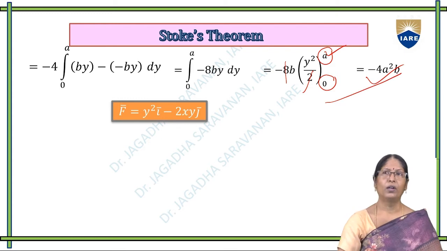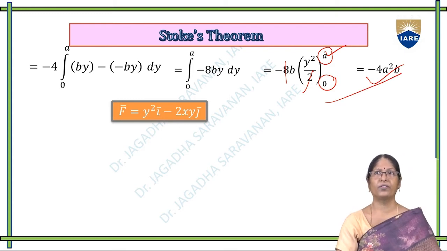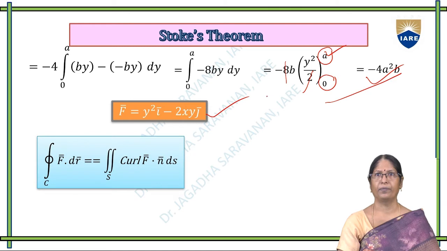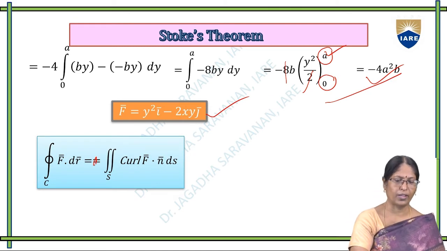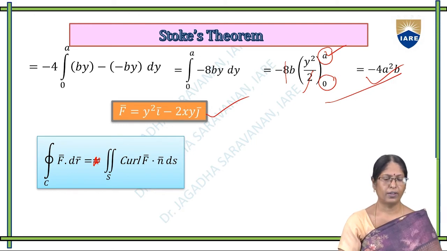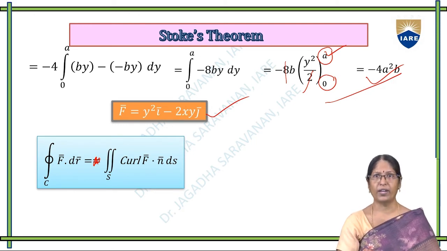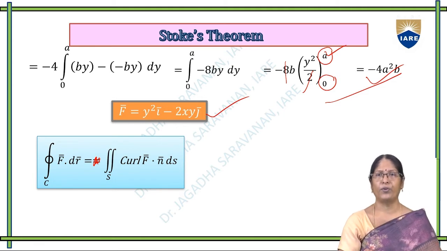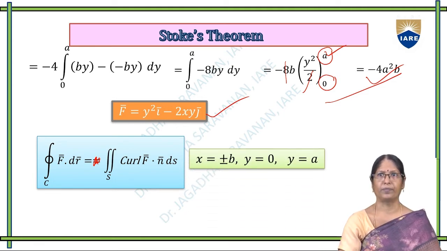So we found that the surface integral, that is curl f dot n ds, has the value minus 4a square b. This is our given function. And here actually only one equal sign, that is a typing mistake. That is, the line integral is equal to the surface integral of curl f dot n ds.